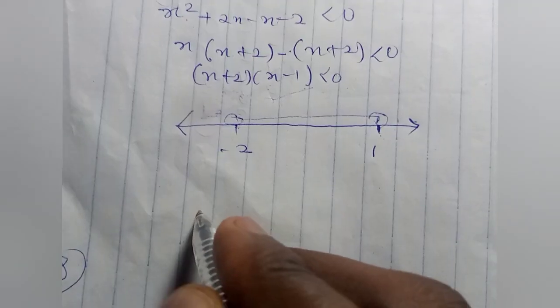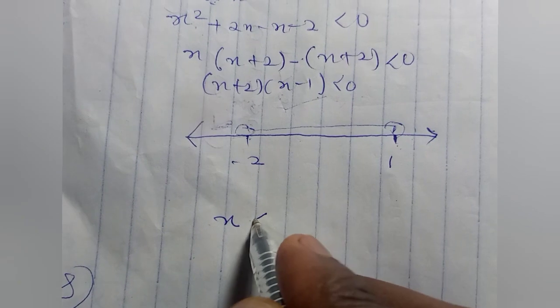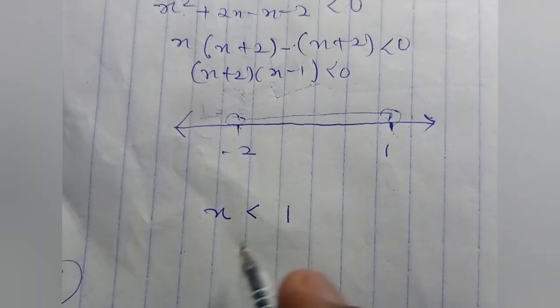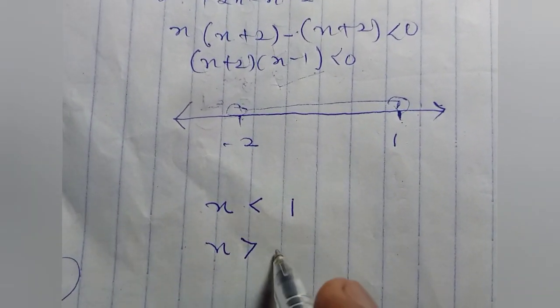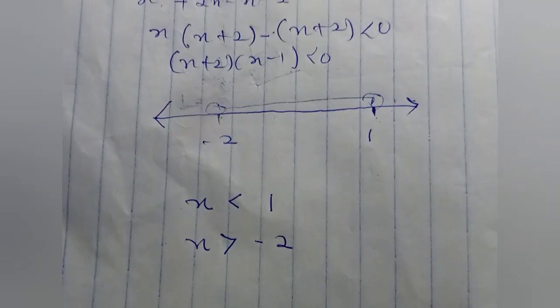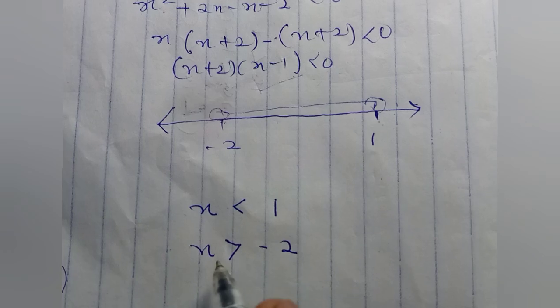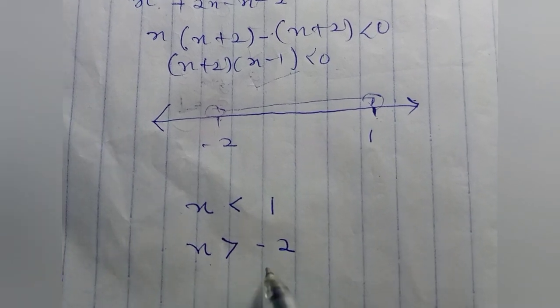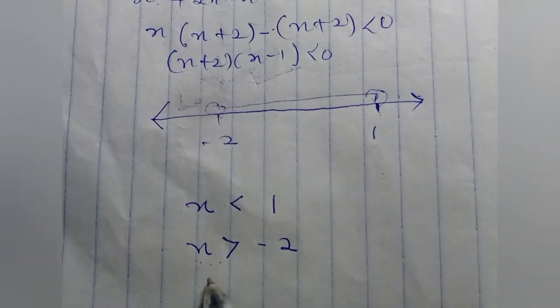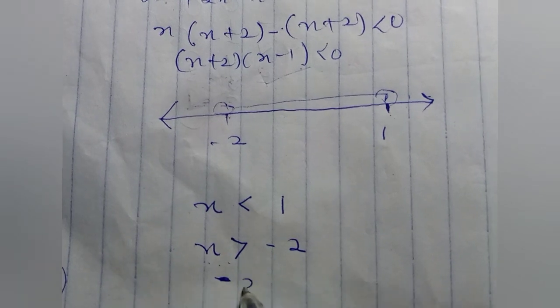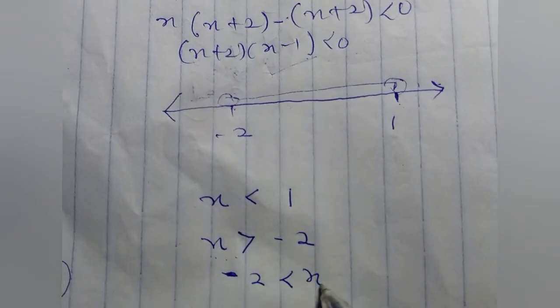Alright, now this can be written as x should be less than 1 and x should be greater than negative 2. This means that x is bigger than negative 2, so this can also be written as negative 2 is less than x.